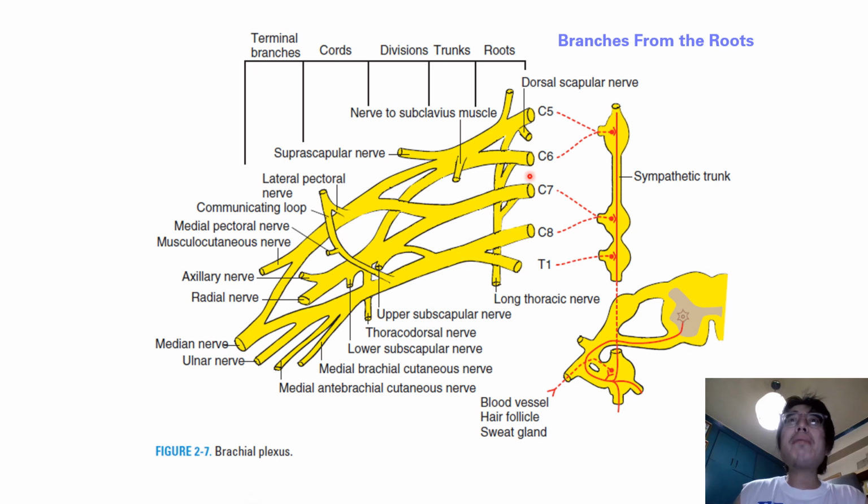We have already mentioned that there are five roots for the brachial plexus: the C5, C6, C7, C8, and T1 roots. But these roots actually give off some branches as well. Specifically, the C5 root gives rise to the dorsal scapular nerve.